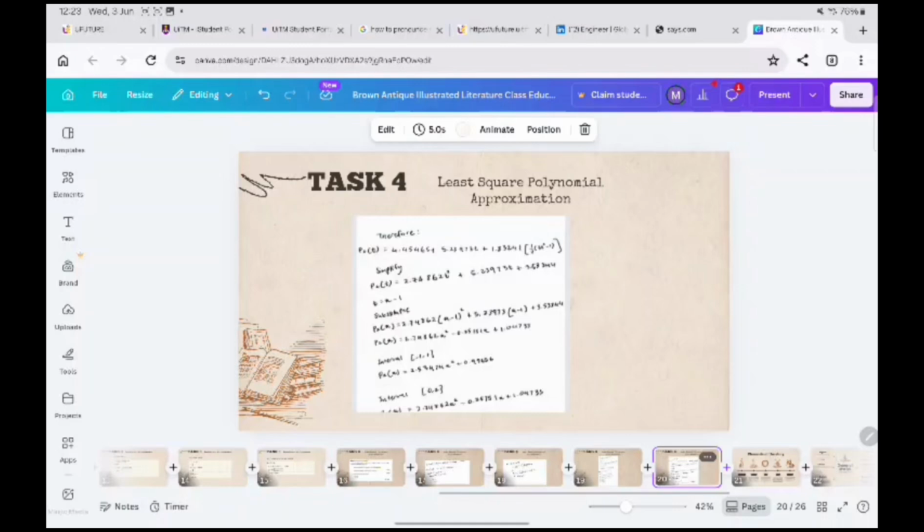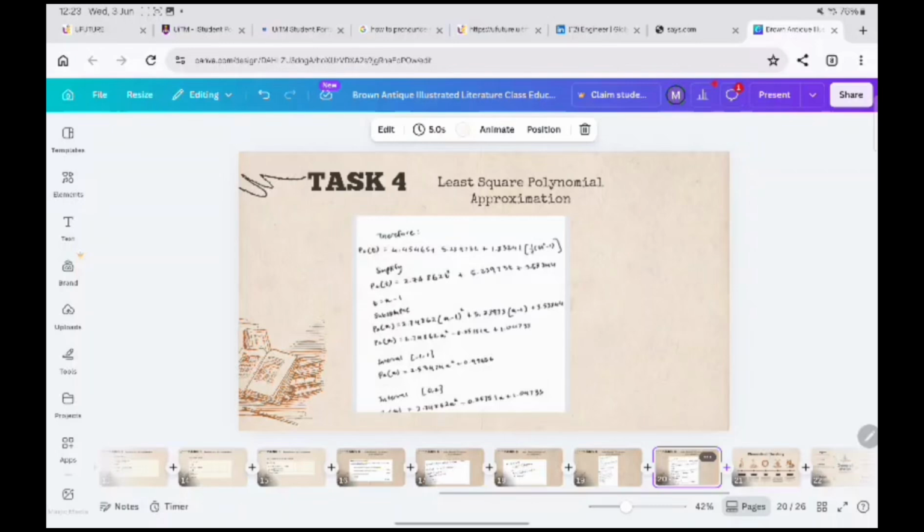Then we substitute t = x minus 1 into this final equation, and we get 2.74862x squared minus 0.25751x plus 1.04733.